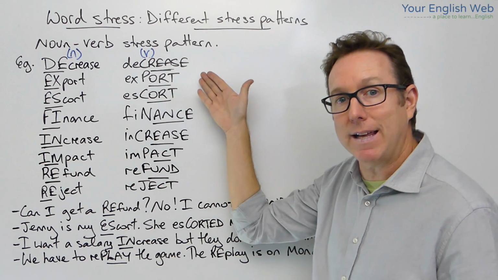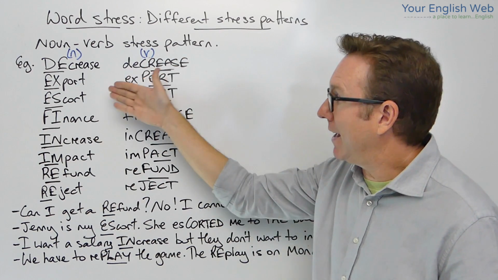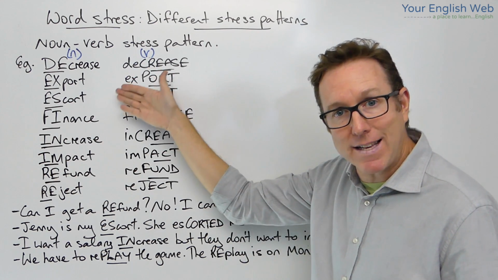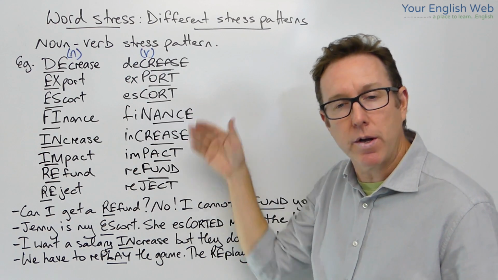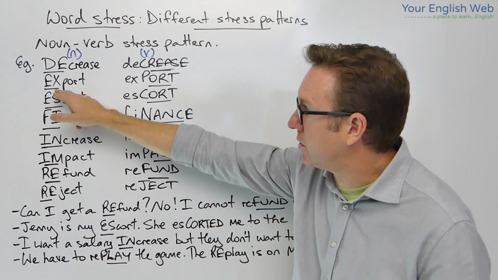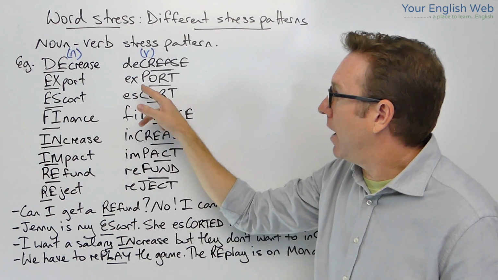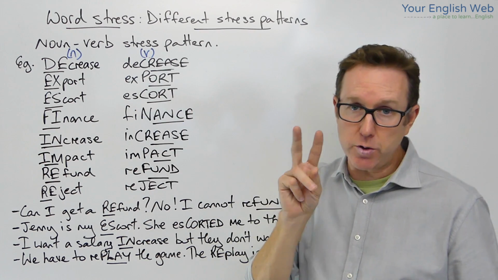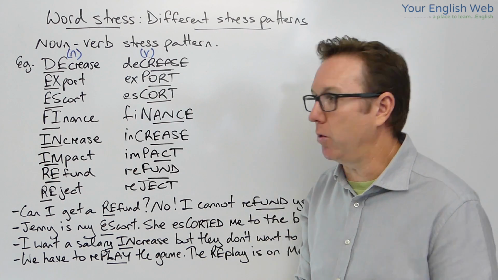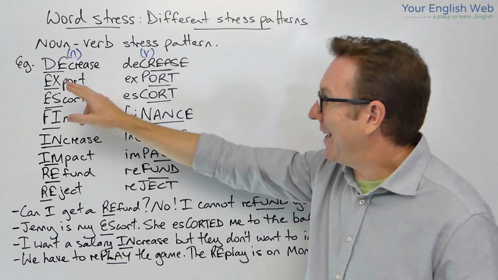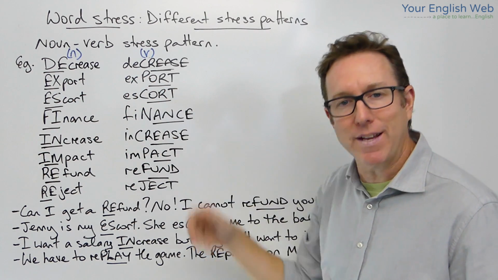Escort, escort. So we can hear the difference. The noun, we're stressing the first syllable. On the verb, we're stressing the second syllable. Two-syllable words, so it's not that difficult. So export, export. Escort, escort, etc.